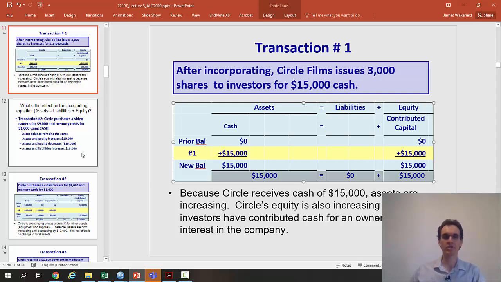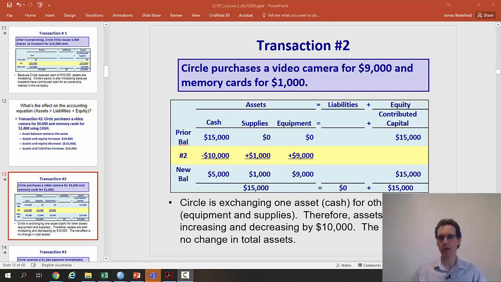Okay, so what I want you to think about now is this question. The question you just answered relates to transaction 2 that we're looking at here. It asked you to describe what the effect on the accounting equation was of purchasing a video camera for $9,000 and memory cards for $1,000.